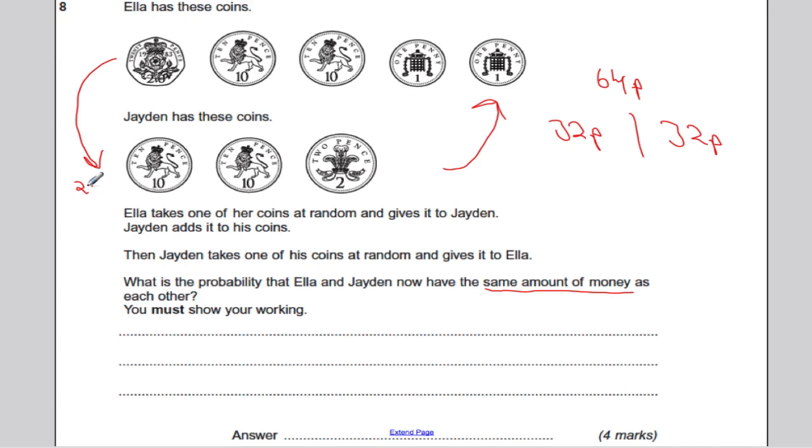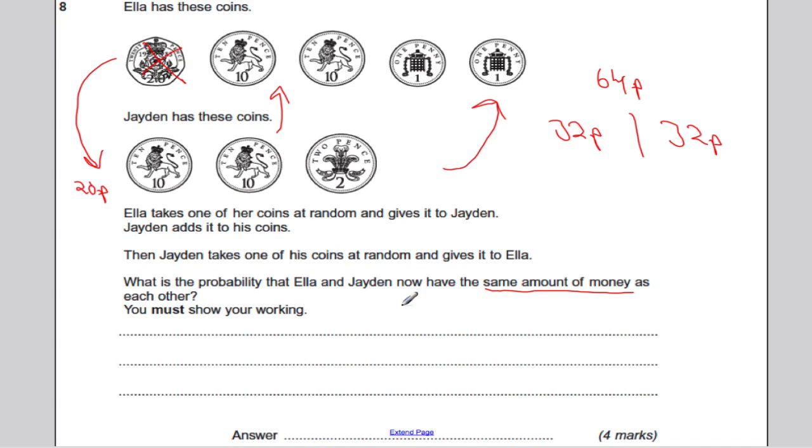So Jaden now has 20p, 10p, 10p, and 2p. At this moment in time, Jaden has 42p and Ella has 22p. So Jaden is going to have to give one of these 10p's back. And in that scenario, they both have the same amount.